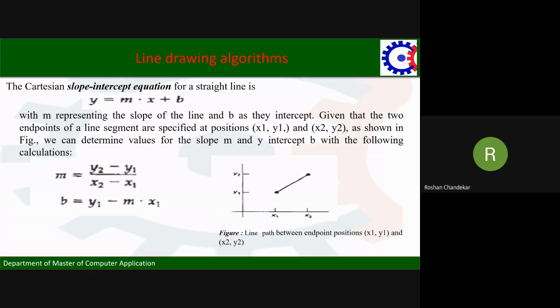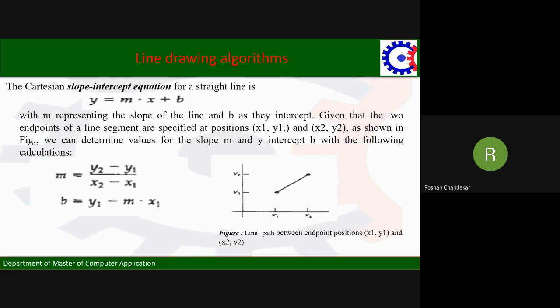Here y2 minus y1 is the change in the y direction, along the y axis, and x2 minus x1 is the change in the x direction. Dividing y2 minus y1 by x2 minus x1 generates the slope of the straight line.